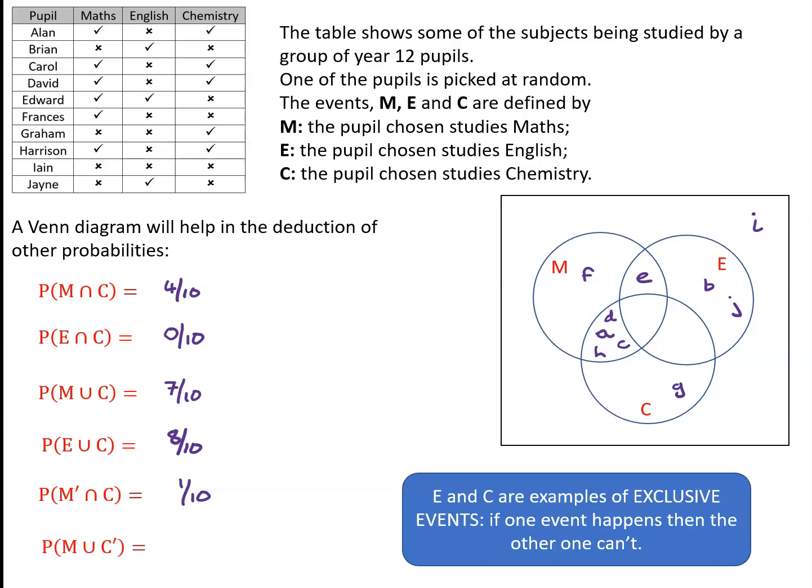And the probability of M union C dash, so that's the probability the pupil does maths or the pupil doesn't do chemistry. Well, the pupils who do maths are F, E, D, A, H and C. So we've got 6 of those. Don't do chemistry.